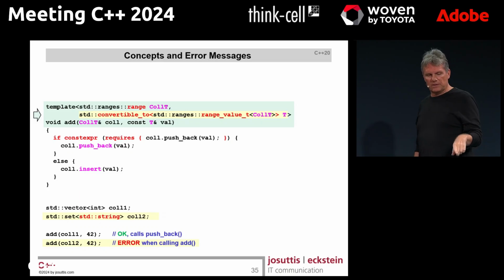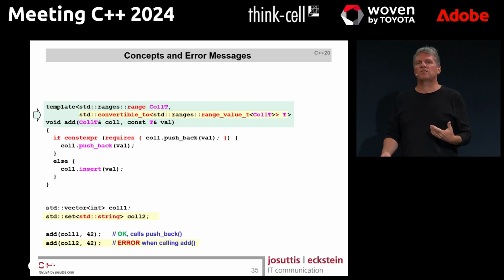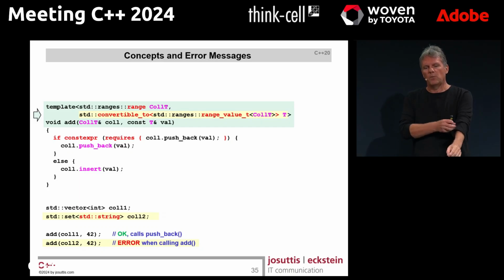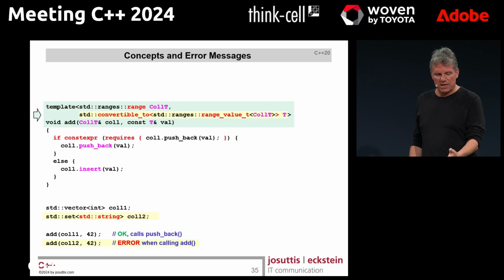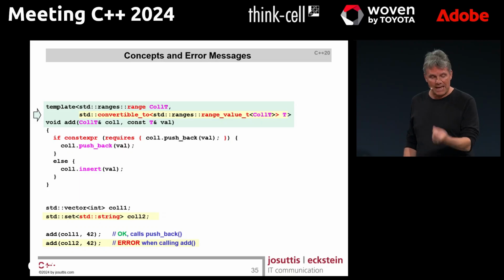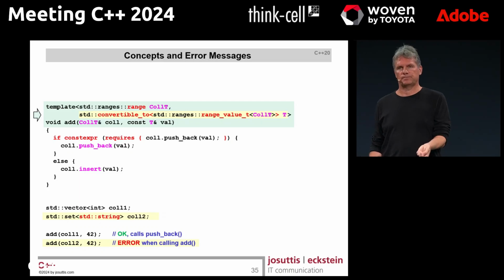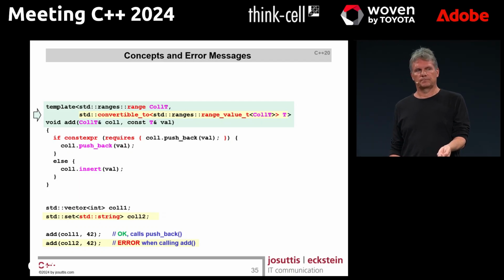So you see here in the declaration, we say, for a collection type which has to be arranged, we have another constraint, which is that type T is a type that is convertible to the value type of the collection. Nice.